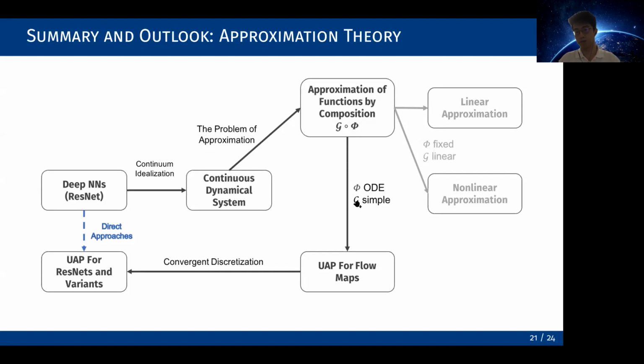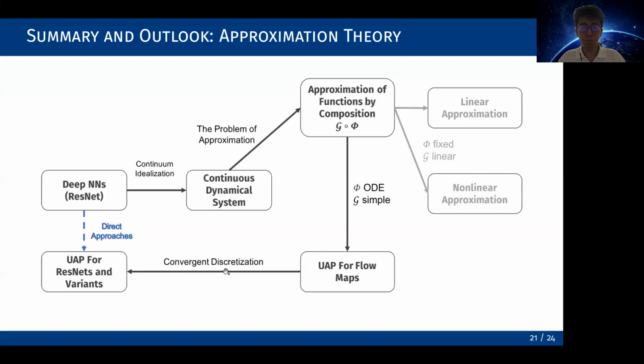Okay? So I want to just remark that, interestingly, the case of linear approximation and nonlinear approximation you can also think of in this framework. We talk a little bit about this in the paper, and you can contrast the case here, which is different from before.